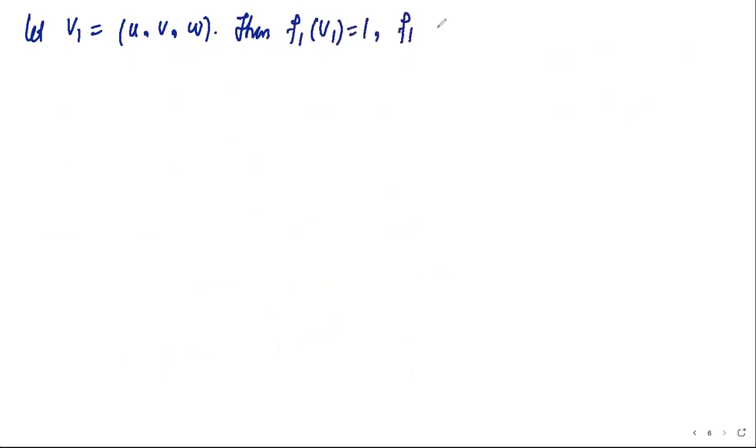So now let v1 is equal to some (u, v, w). Then by definition, f1 of v1 is 1, f2 of v1 is 0, and f3 of v1 is again equal to 0.